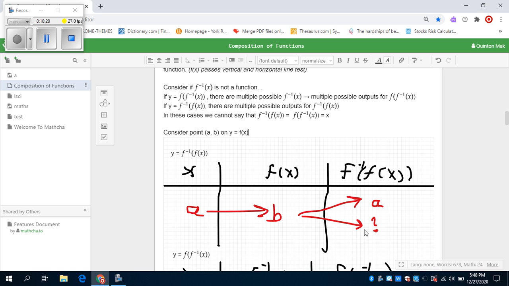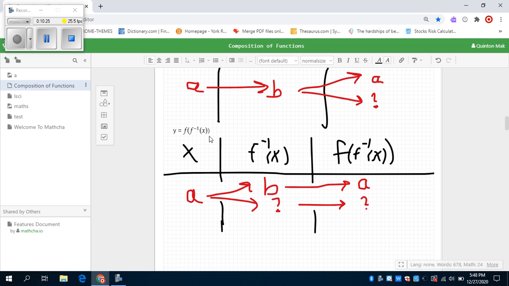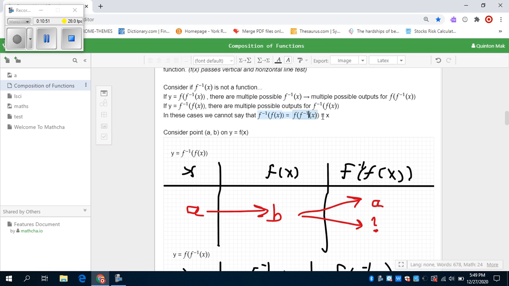And if the inverse is inside, then you have some point a, and for the inverse function, b or some other value. And then if you evaluate the composite function, you can go back to a, possibly, or you can go to some other value. So you can't say for sure that the composition of a function and its inverse equals x if the inverse is not a function.